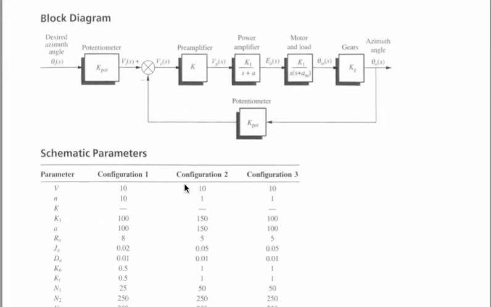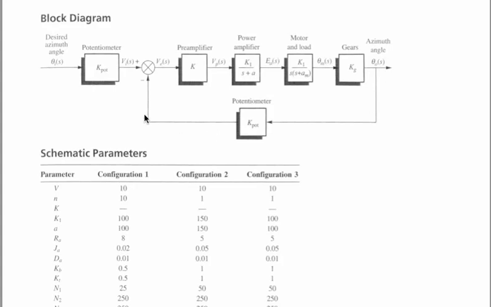And this is a block diagram of the system. Here you can see the various transfer functions put together: there's the potentiometer, there's a preamplifier, the motor and load, the gearbox, and the angle coming off.